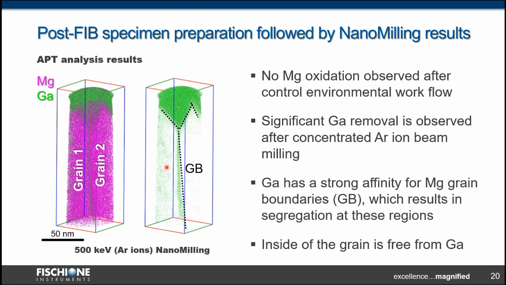Less gallium in the sample indicates less gallium-induced damage. And indeed, we observe a triple grain junction with a grain boundary going along the sample, as you can see here, the grain boundary, and we have grain 1 and grain 2.